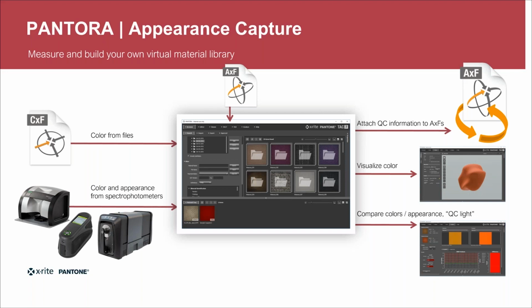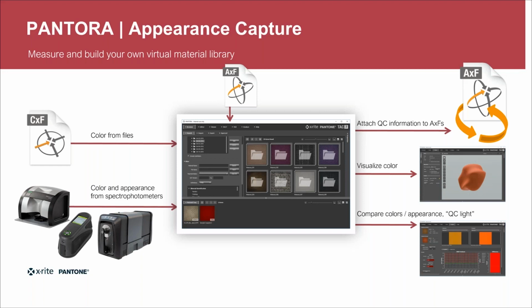In the middle is our handheld multi-angle MA-T12. And then on the right-hand side is our benchtop spherical geometry spectrophotometer. And we see on the top the AXF, that is the file format that we're creating, that appearance exchange format.